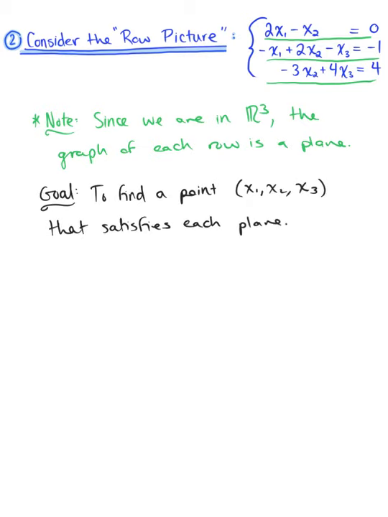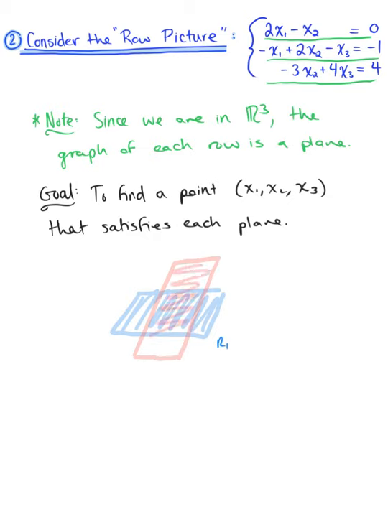Once you get past R2, it's going to be a little bit tricky to find the row picture. Because in theory, we are looking for, we'll say this is our first row, the plane of row 1. And then we've got another plane, let's say over here. Here's our second plane, that's the row 2 picture.